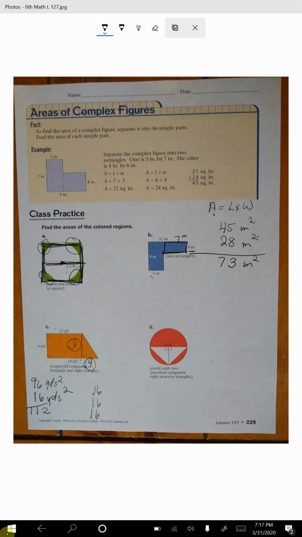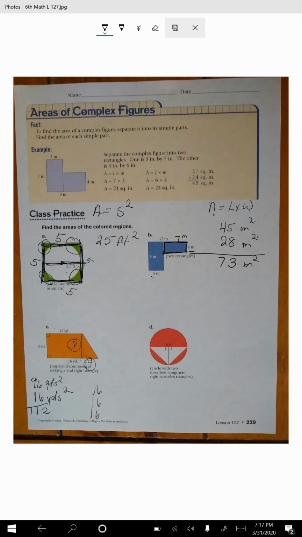So the diameter is 5. So our square is 5 feet all the way around. But once again, it's just length times width, or with a square, they usually write it side squared. 5 squared, or 5 times 5, is 25 feet squared.